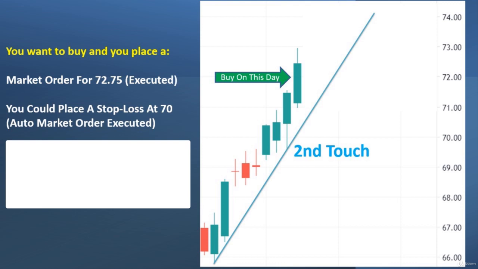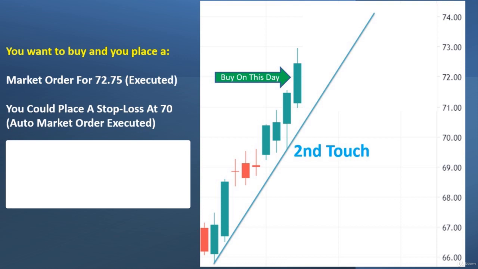And let's say you place a stop loss at 70. So if the price was to fall down to 70 at some point, either now or into the future, could be days from now, weeks, months, years, whatever, if sometime in the future it hits 70, then it's automatically going to execute your stop loss order and turn it into a market sell order and execute that at 70.